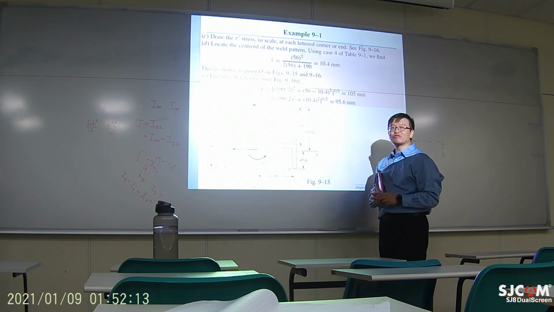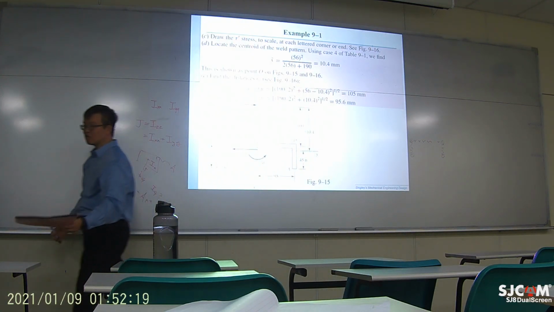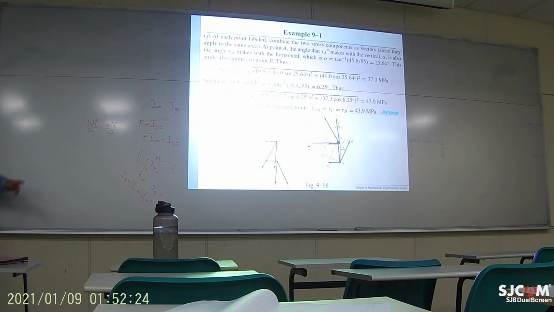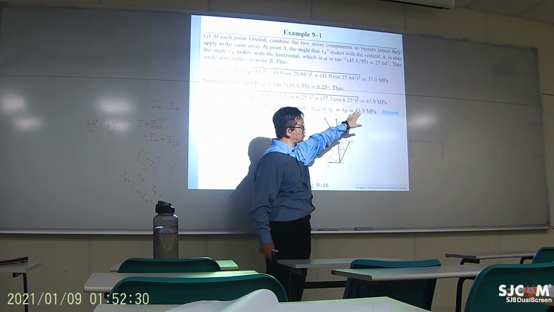So are they always the critical points? You don't know. You really need to compute it, because the amount of the total stress is very close. Right here, at AB, the total is 37, at CD, the total is 42.